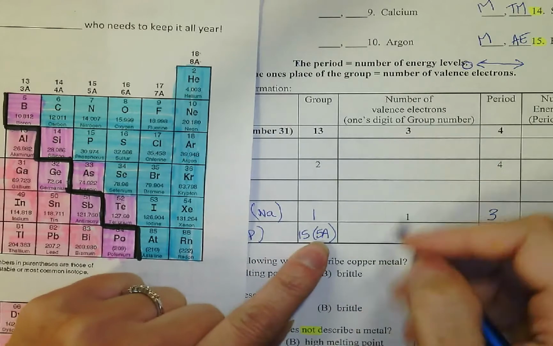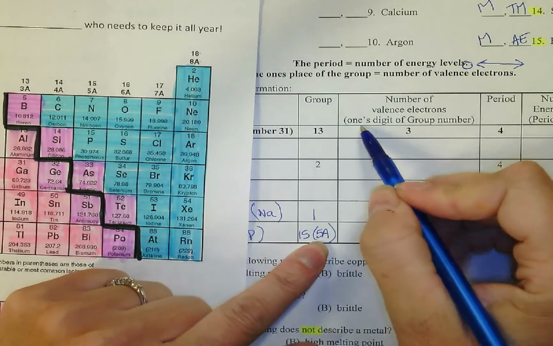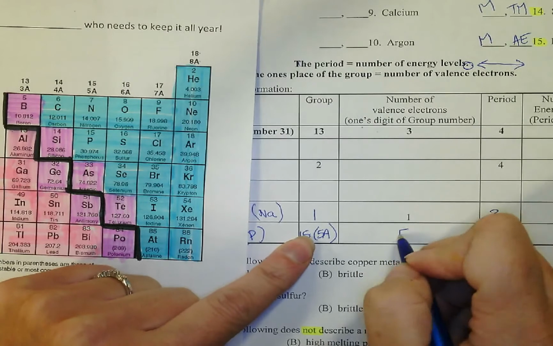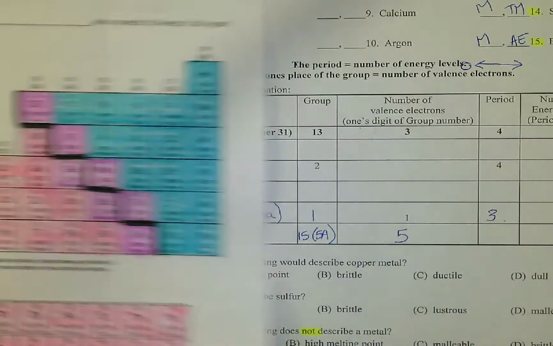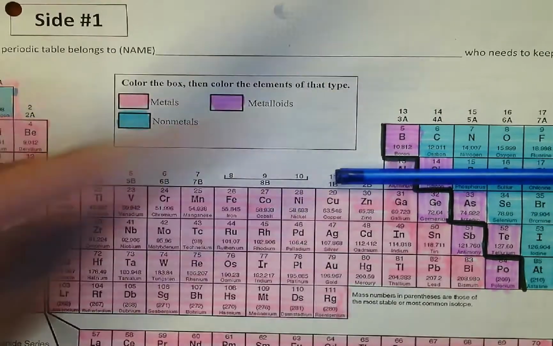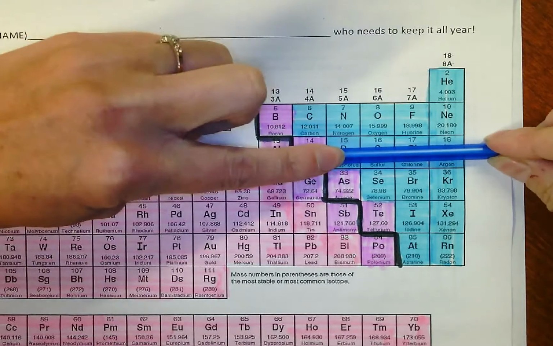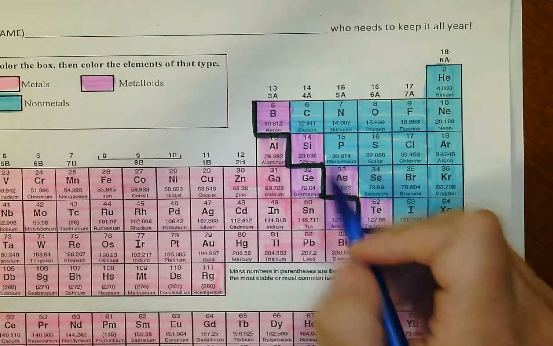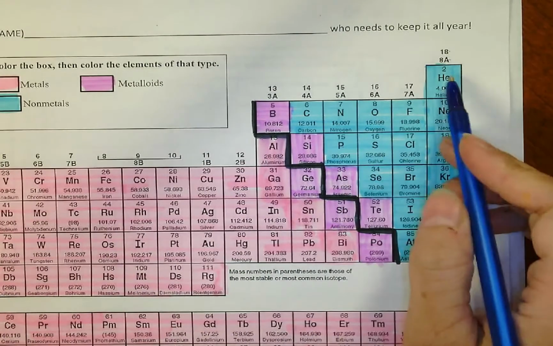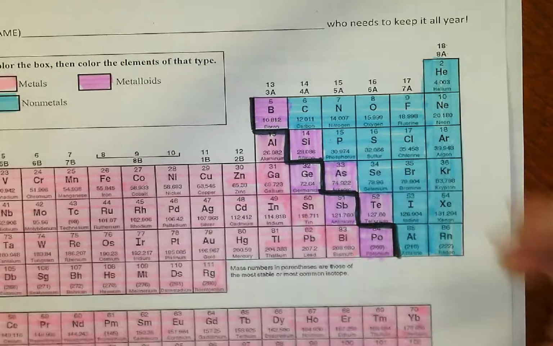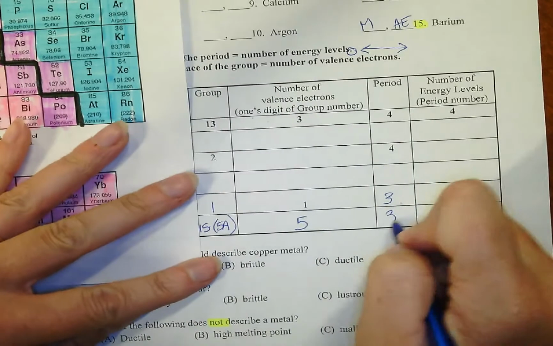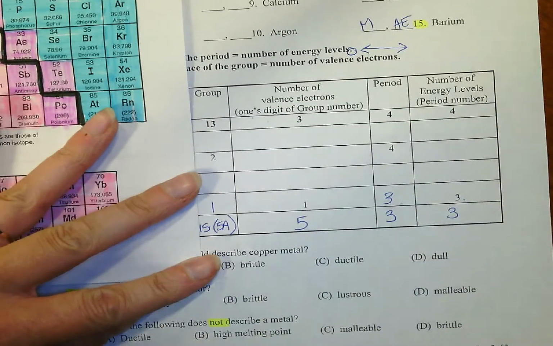And the number of valence electrons, you take the 1's spot, which is just 5. It's got 5 valence electrons. Phosphorus is in period 3. Let me put that on the screen. 1, 2, 3. Sometimes students will say period 2 because they see that above it, but don't forget 1, 2, 3. I'm going to say period 3, which means it would have 3 energy levels in the Bohr model.